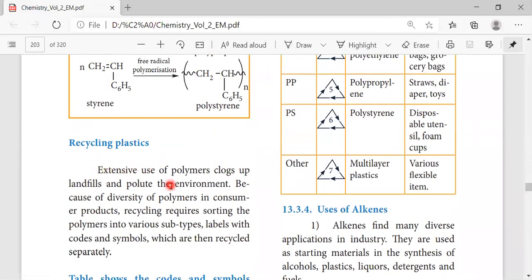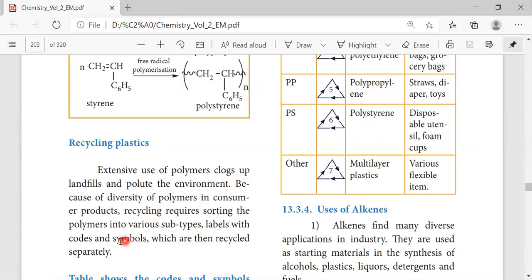Recycling plastics. The extensive use of this polymer clogs. We all know the plastics will clog and pollute our environment, so we have to recycle it. So that is preferable. If the plastic is recyclable, we can control pollution to some extent, right? Now that depends on the polymer, right?